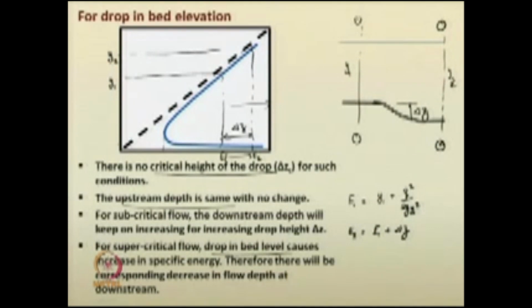For supercritical flow, the depth of flow gets reduced, right. From these figures it is quite evident that you can use those intuitions and theories to analyze them. So, there will be a corresponding decrease in flow depth at downstream, that you need to keep in mind when you use elevation as well as drop in bed.